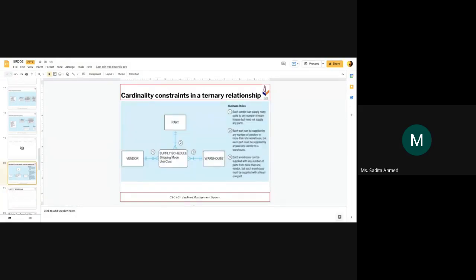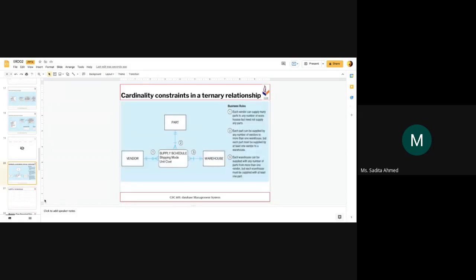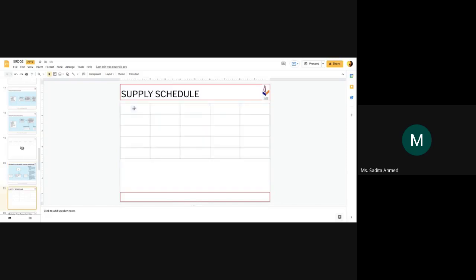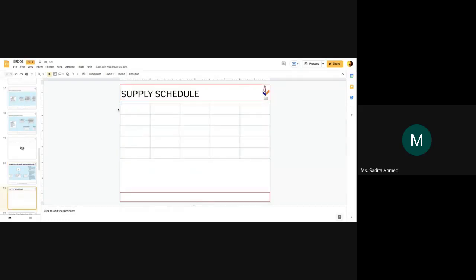First of all, shipping mode and unit cost will be there, but because it's an associative entity, the primary keys of the other entities it associates, vendor, part, and warehouse, will come here, okay? Let's say we will have vendor ID, which will reference the vendor ID primary key of the vendor entity, and then we'll have a part ID, we'll have a warehouse ID, and then what else was there? Shipping mode and unit cost, right?